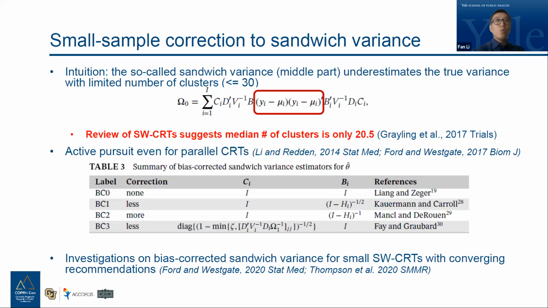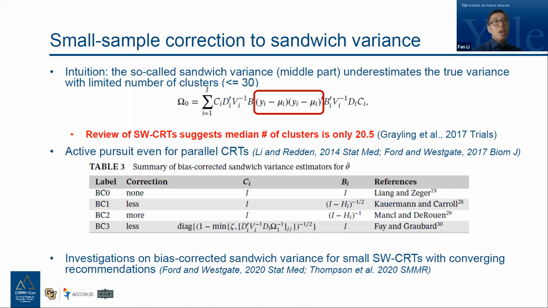However, review of SW-CRTs suggests that the median number of clusters for SW-CRTs is only roughly 20.5. That means relevant bias corrections of the sandwich variance may be relevant to improve the validity of the inference in these trials. And this topic is an active pursuit, even for parallel cluster randomized trials, with many options, including those given in this table.